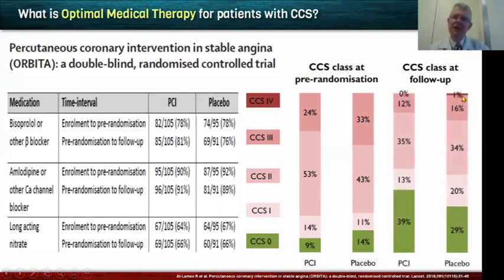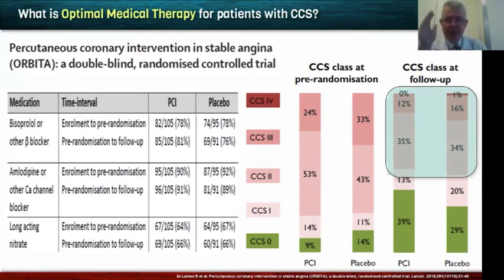So here you have the numbers. When you look at patients with class 3, class 4, after the true PCI or after a fake PCI, you still have almost 50% of those patients still complaining of limiting angina class 3 or 4, and they underwent a PCI.